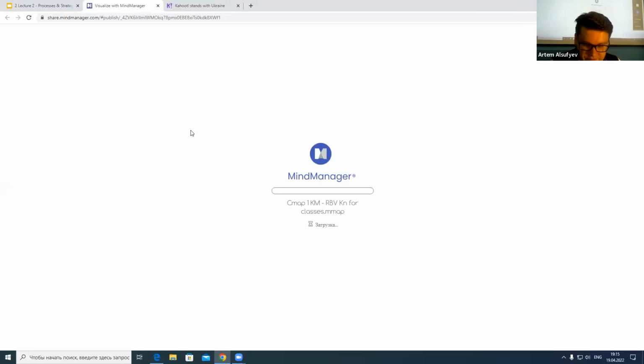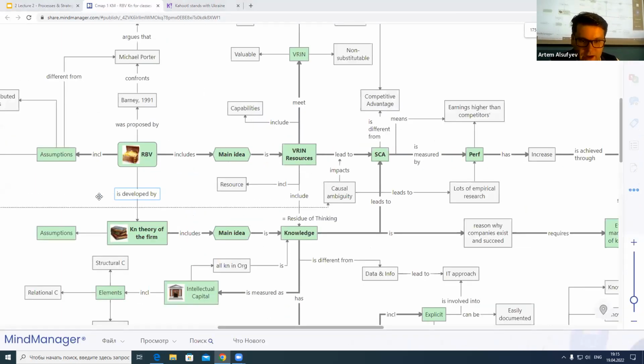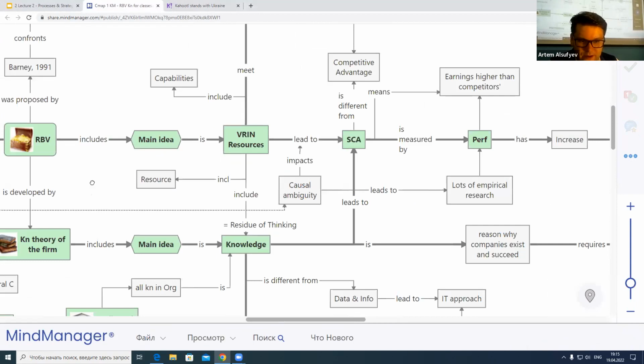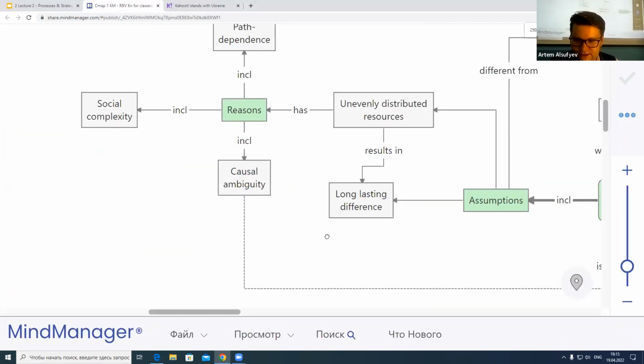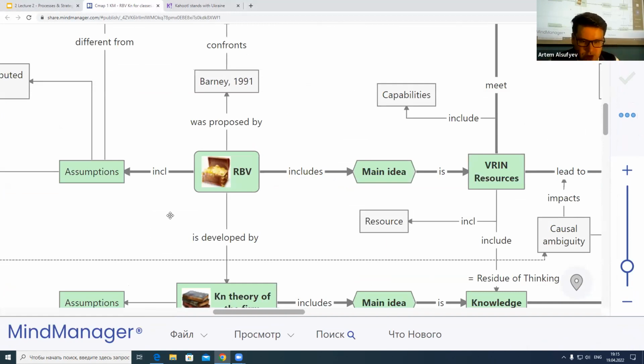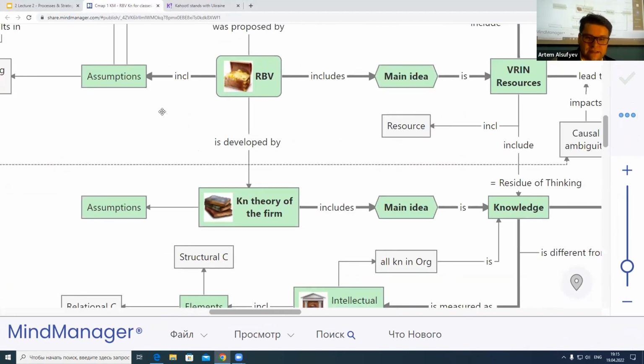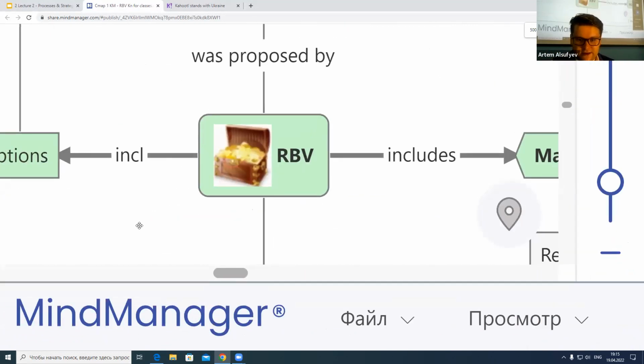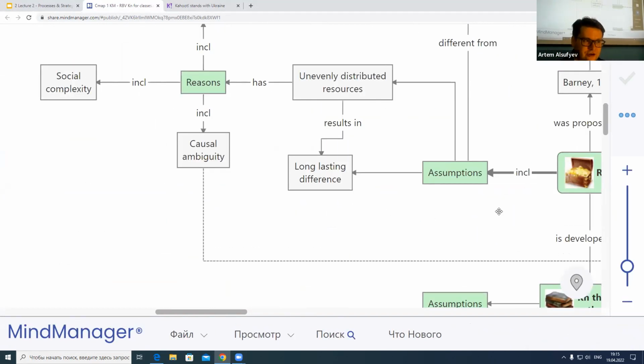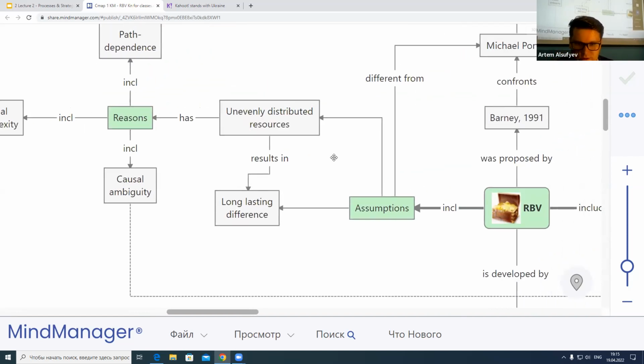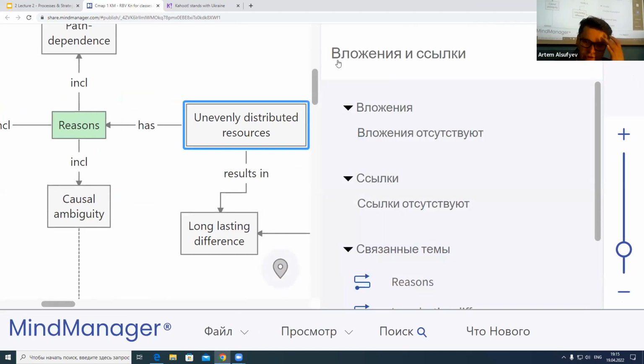You read for the previous class 2 papers on the resource-based view and the knowledge theory of the firm. Just a second, I created a concept map for us to be on the same page, for you just to be aware of. We have the resource-based view. This is the main idea in contemporary management. Resource-based view has 2 major assumptions, which are very relevant for our projects.